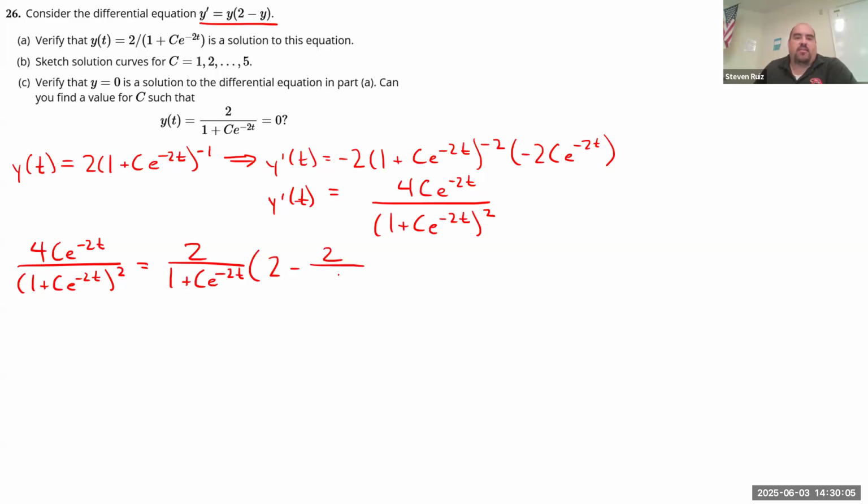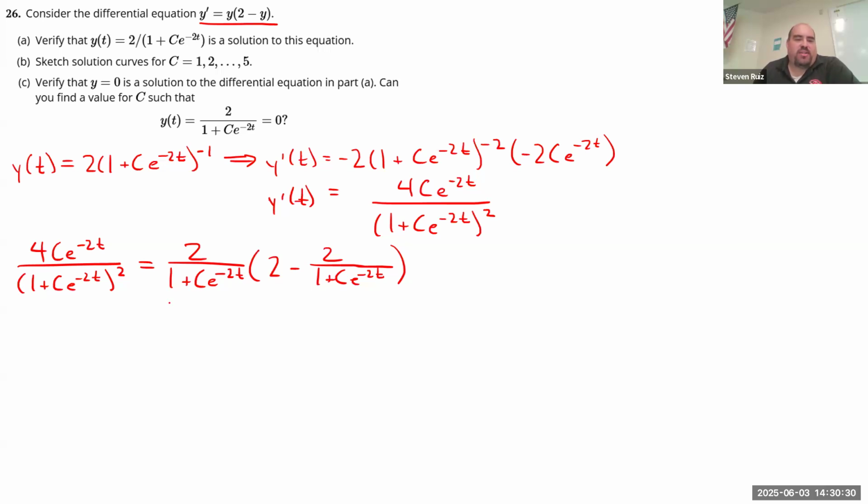So 2 minus 2 over 1 plus c e to the negative 2t. It looks like I don't really want to mess with the left-hand side too much. So with the right-hand side, what manipulation can we do to see if they agree?